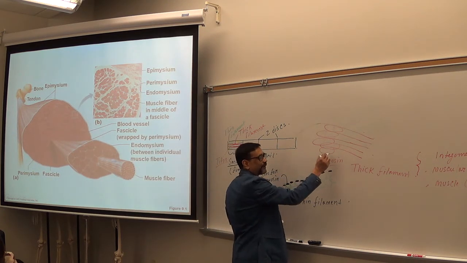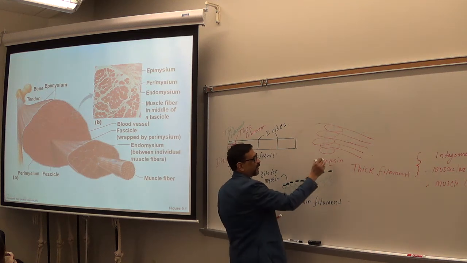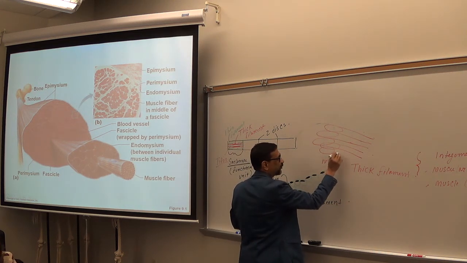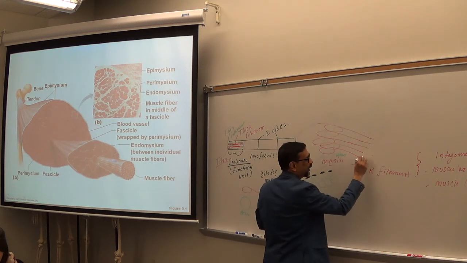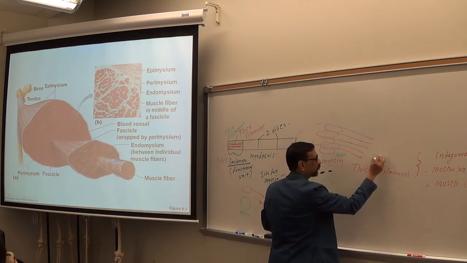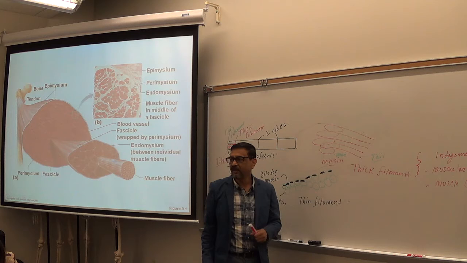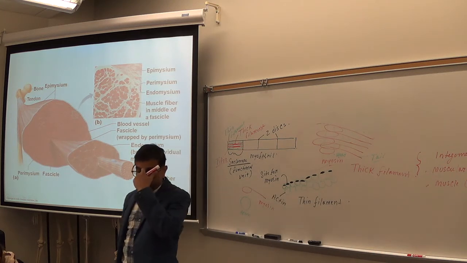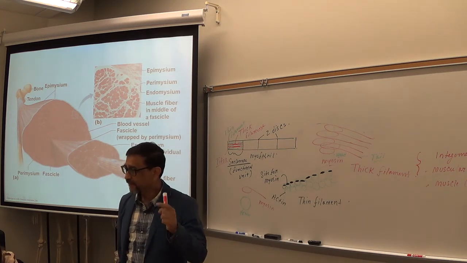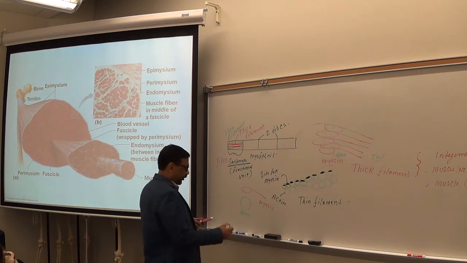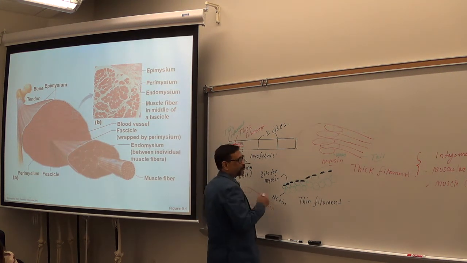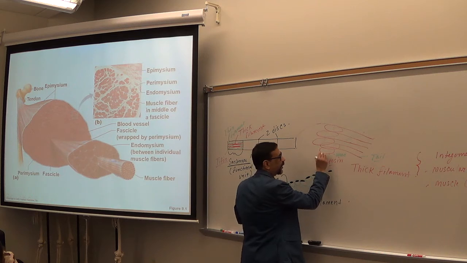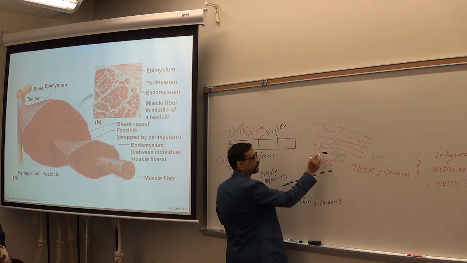Now, myosin has a head part. This is the head. Makes sense, right? And this is called the tail. So the myosin unit has a head and what? Tail. On the head, you have two binding sites. One is a site for actin.